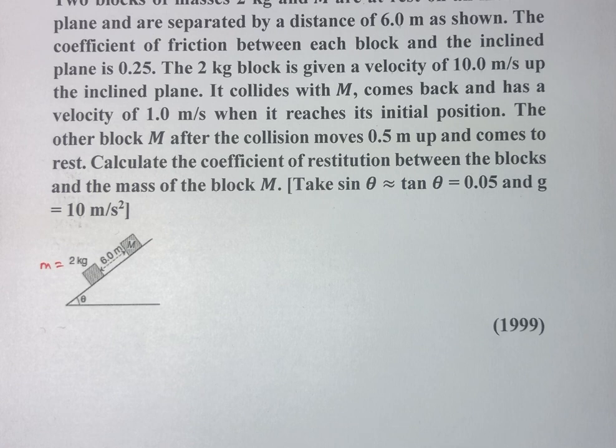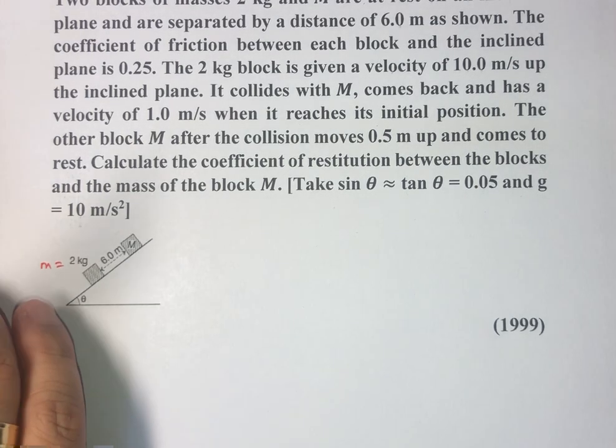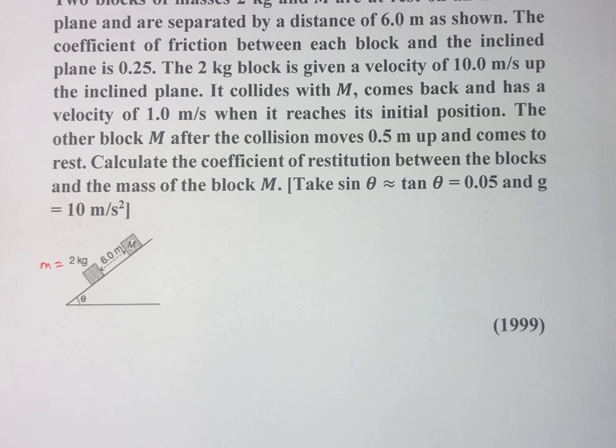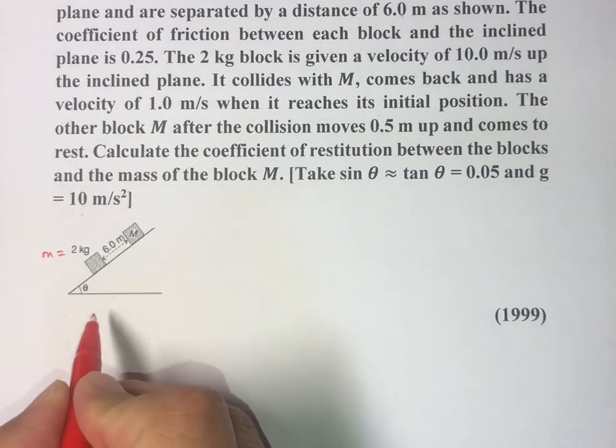So we have to find the velocities of m and capital M after collision as well as before collision, and then from there we can find the coefficient of restitution. So first of all, let's find part A and discuss before collision.